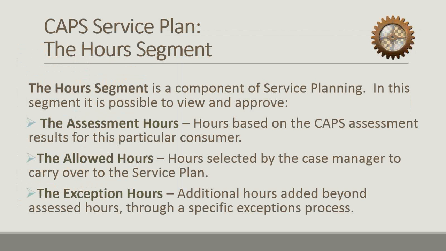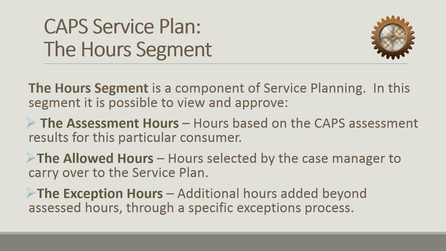We're going to go next to the hours segment now that we have finished doing the benefit dates. The hours segment is really a place where we see a few different types of hours, and this can be a little bit confusing because assessment and access uses varied terminology for these hours.